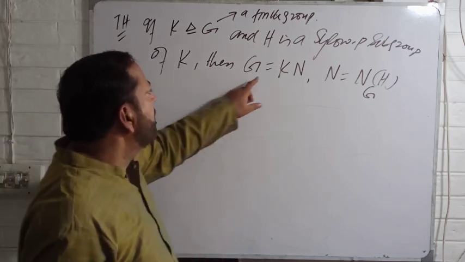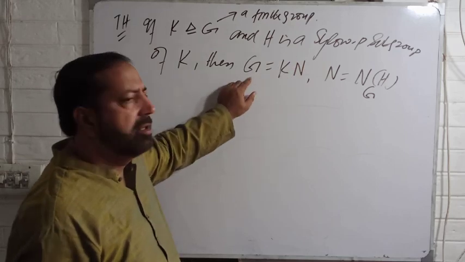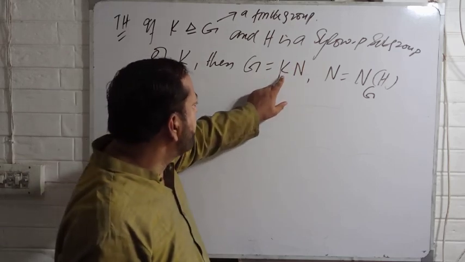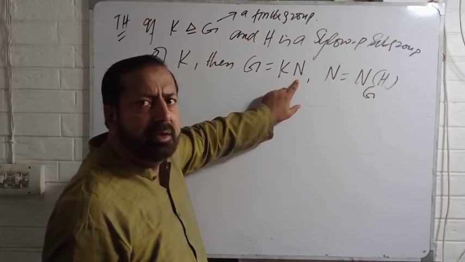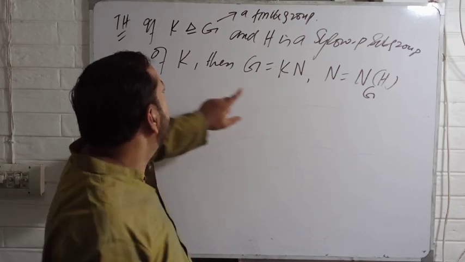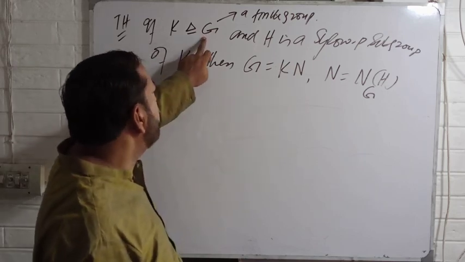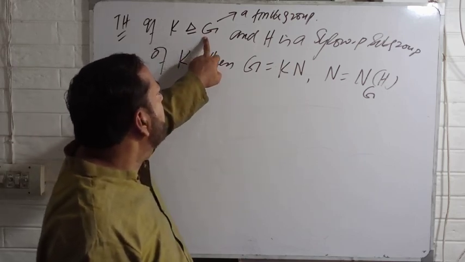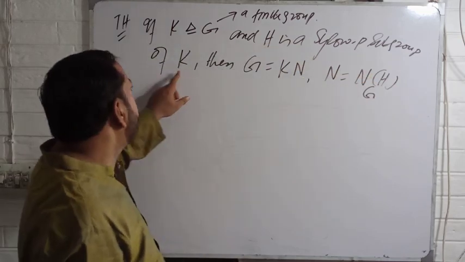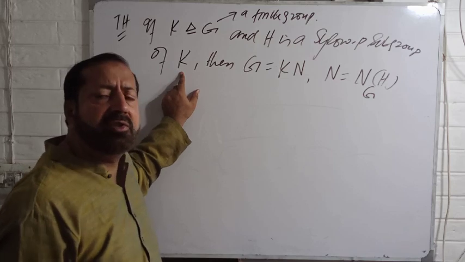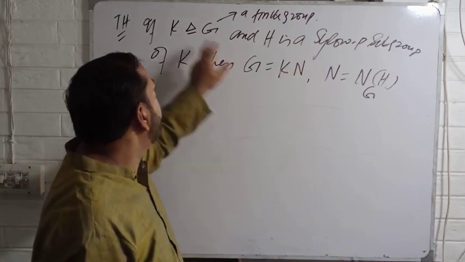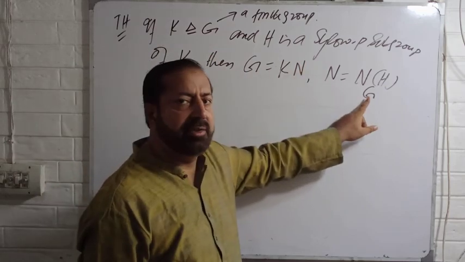Now what is this? You can decompose a group G like this, G equals KN, right? This is in fact a new decomposition. So what is the condition? If K is normal in G, a finite group, and H is a Sylow P subgroup of K. If you can find a Sylow P subgroup of K, then the second factor of that normal group must be the normalizer.